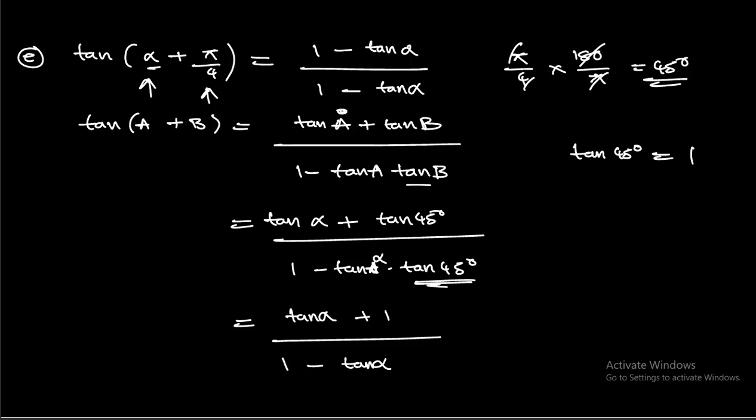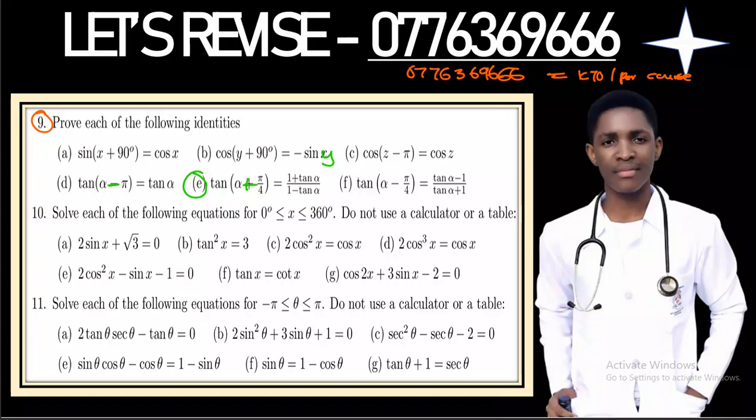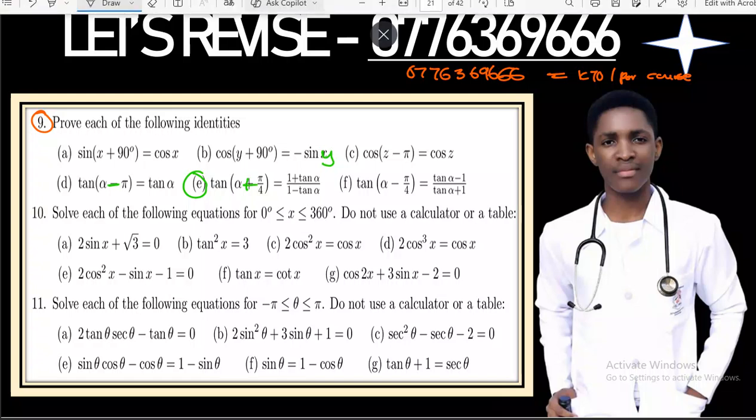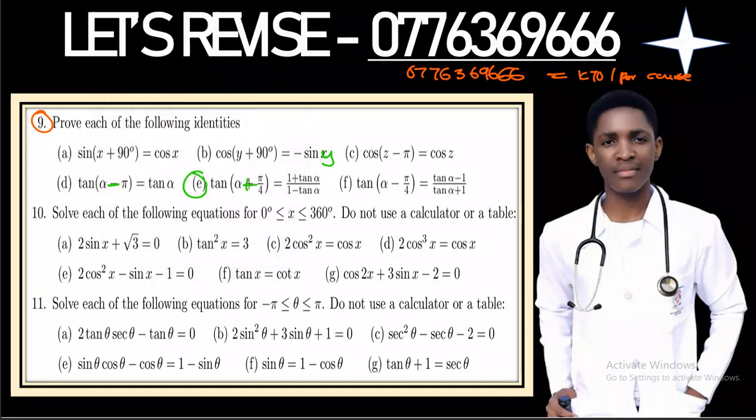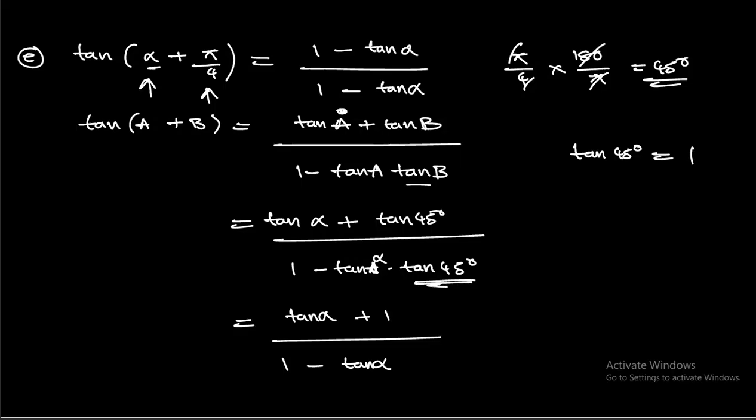So as you can see the question, let me see the question. Yes, on top we have positive, not minus. On top we have positive, then down we have minus. Yes, so it's positive here.